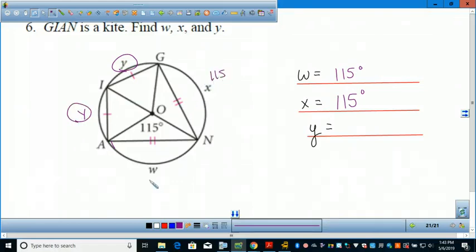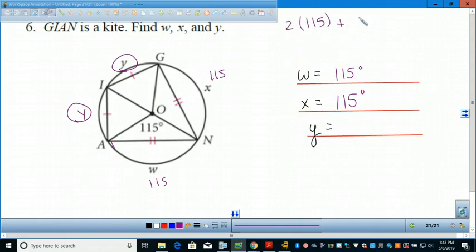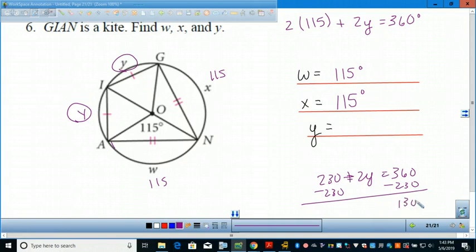So you've got 115 plus 115 plus Y equals 360. Y is 65. Yep. So I'm getting 65 for Y.